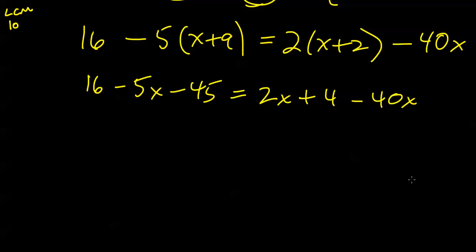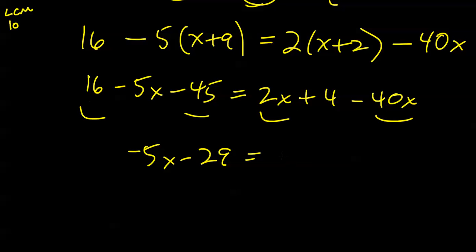Looks good. Again, let me simplify within sides before I start crossing over the equality sign. 16 minus 45, of course, combines to a minus 29. And 2x plus 4 minus 40x, well, of course, 2x and minus 40x are like terms and combine to a minus 38x plus 4.